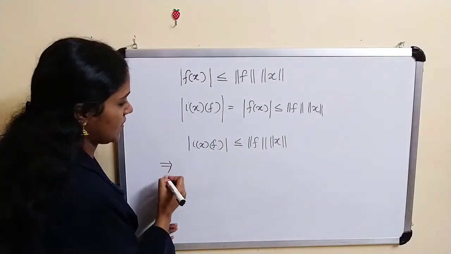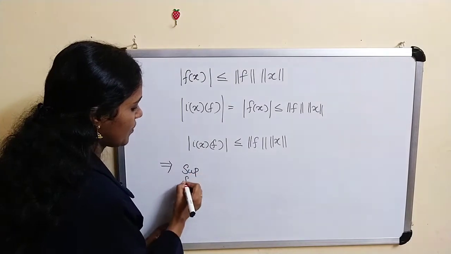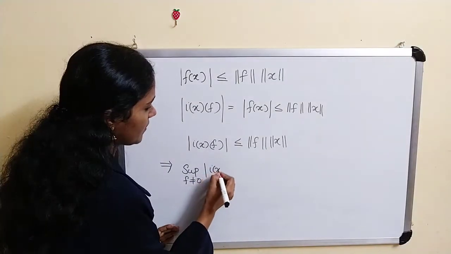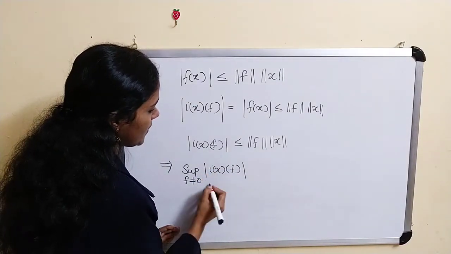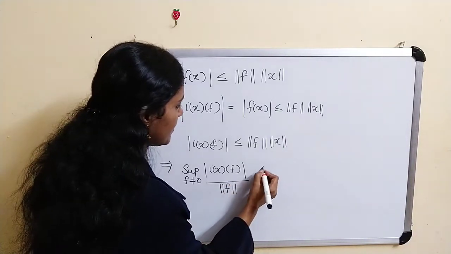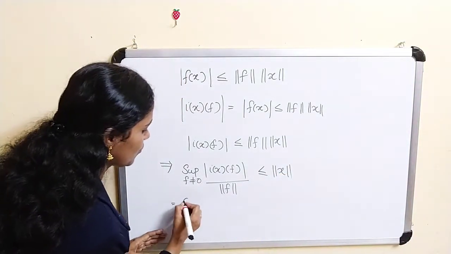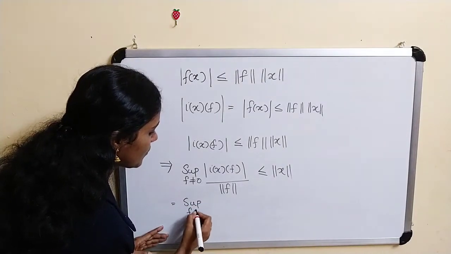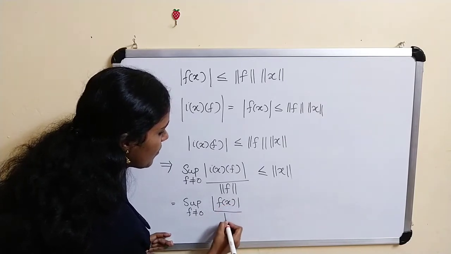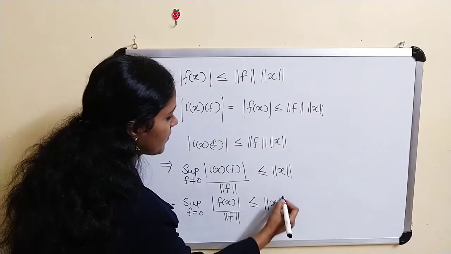This implies, if you consider supremum over f not equal to 0 of norm of I of x of f divided by norm of f, this is less than or equal to norm of x, and this is actually supremum over f not equal to 0 of mod f of x by norm of f, and this is less than or equal to norm of x.